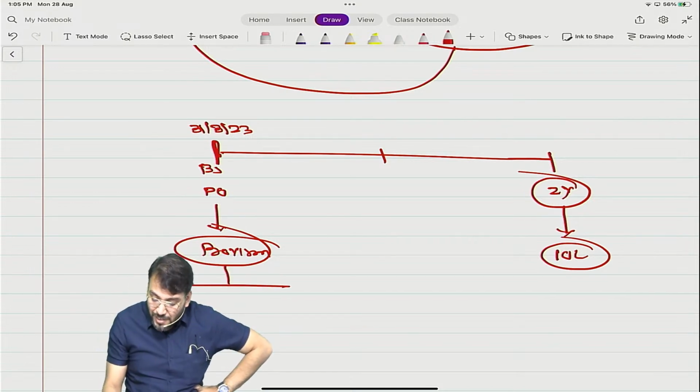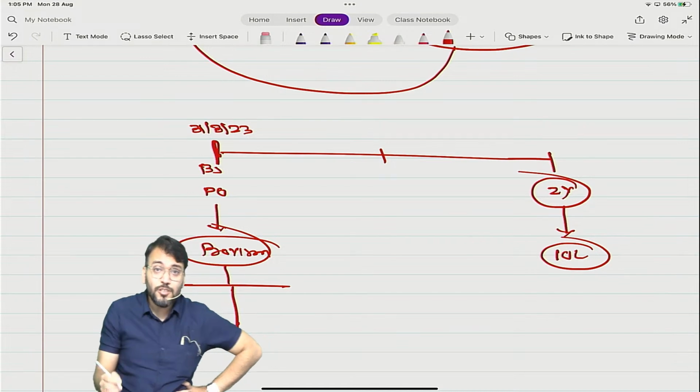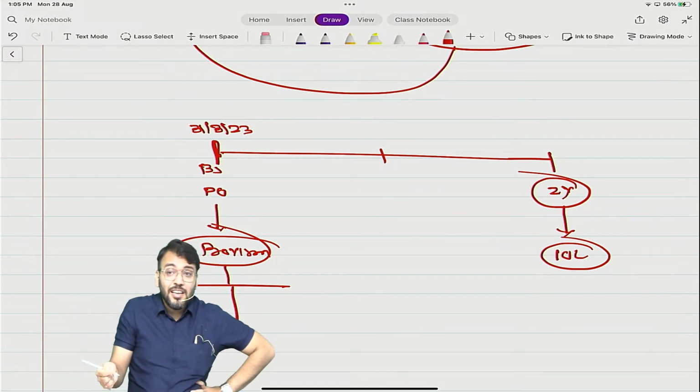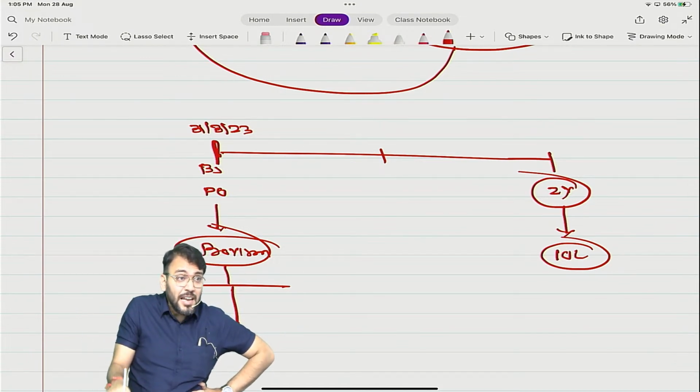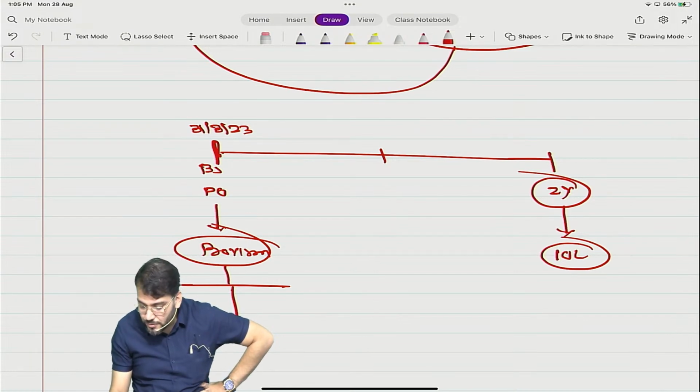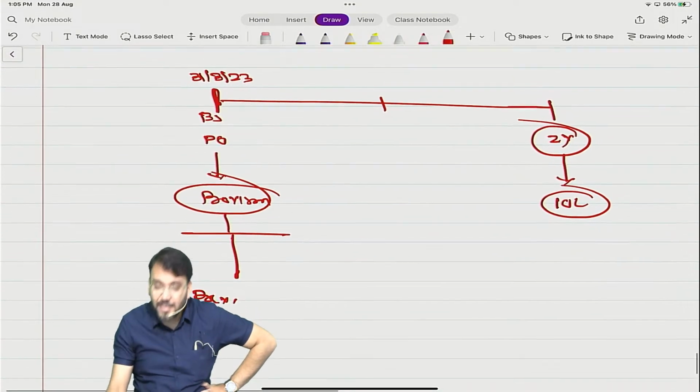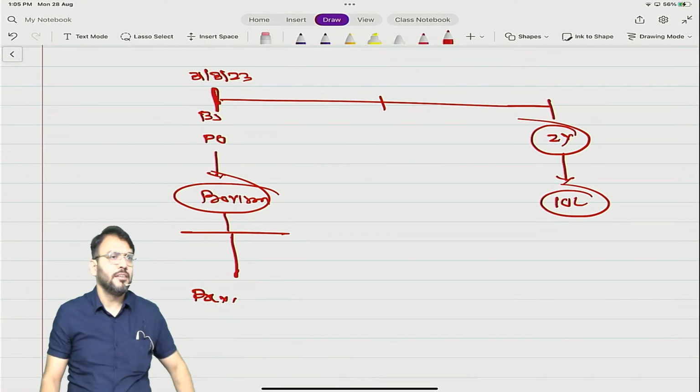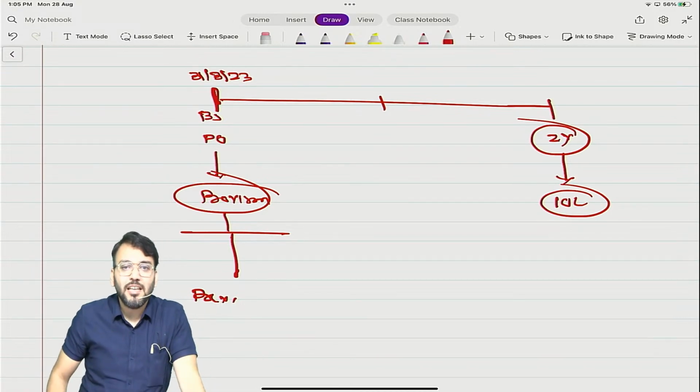But we are preparing the balance sheet here, na. So it means we are recording the balance sheet as on today. We are preparing the balance sheet as on today. My provision should be 10 lakh or present value of 10 lakh?